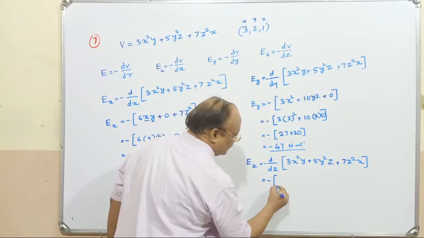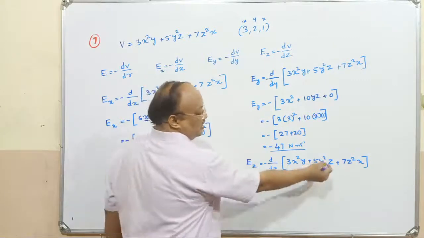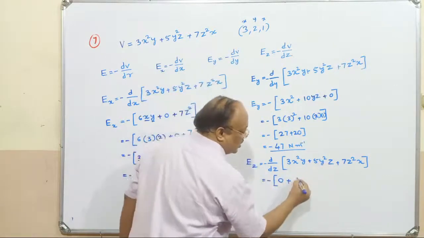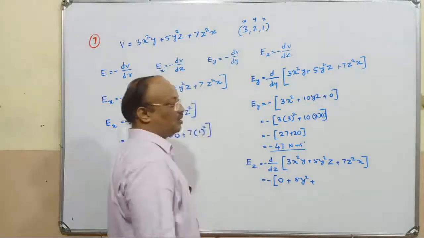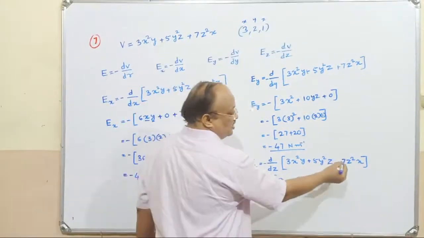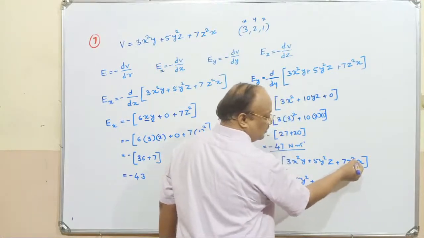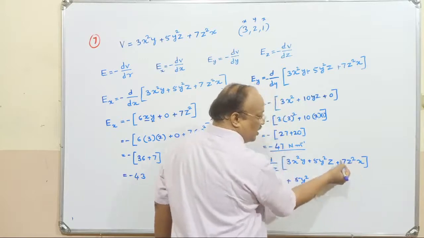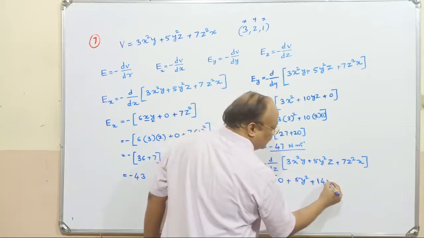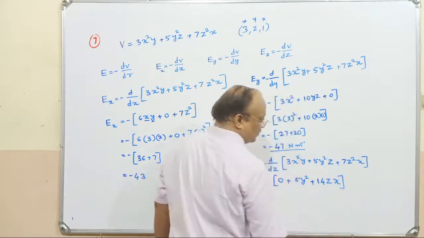There is no z term in the first term, it is 0. Plus, differentiation with respect to z, so just we have 5y square plus 7z square. Z square differentiation is 2z. 2z into 7 is 14. It is 14z into x.